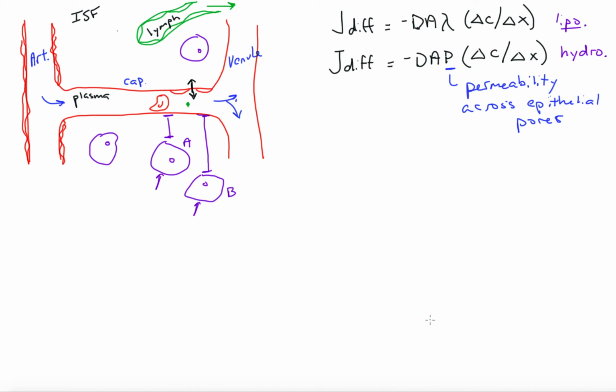Those two equations help us describe the diffusion of solutes in and out of the capillaries. And that is how a lot of stuff moves. Oxygen, CO2, largely move by diffusion. Glucose largely moves by diffusion. However, in that previous video, we also talked about bulk flux, and we gave the term J bulk.